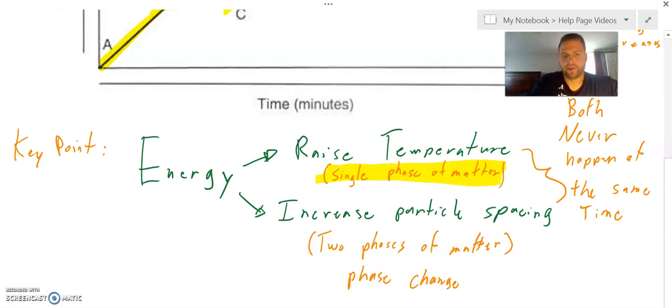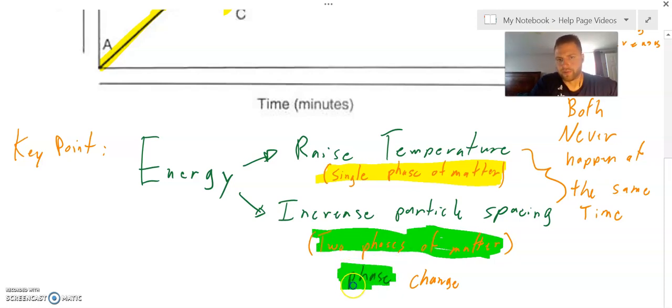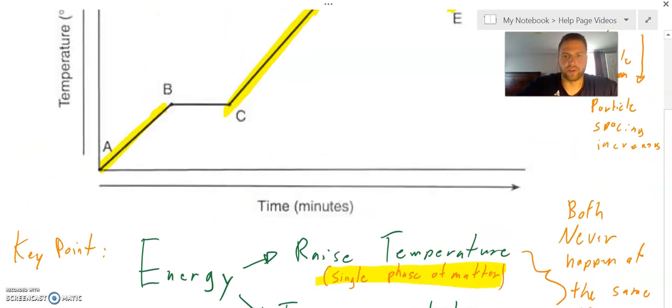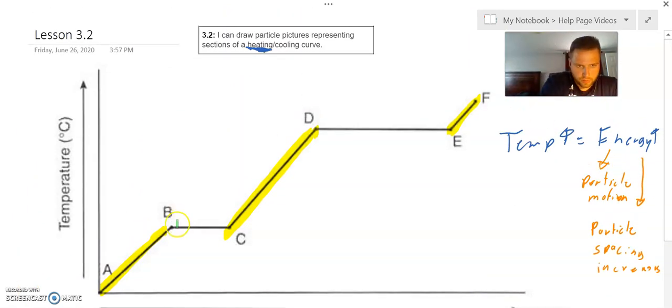Now we have our other highlighter, and let's highlight this again on the corresponding pieces of the graph. So let's find our phase changes up north. All right, there's one, and then there's the other.